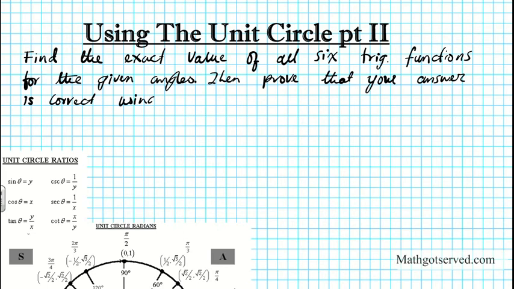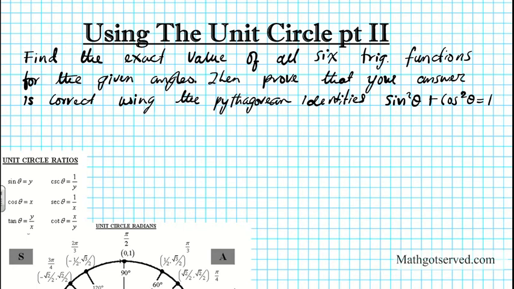Prove that your answer is correct using the Pythagorean identities, which are sine squared theta plus cosine squared theta equals 1, 1 plus tan squared theta equals secant squared theta, and 1 plus cotangent squared theta equals cosecant squared theta.